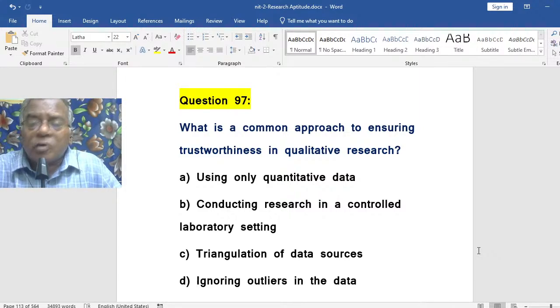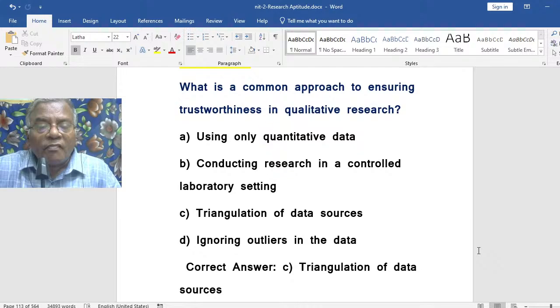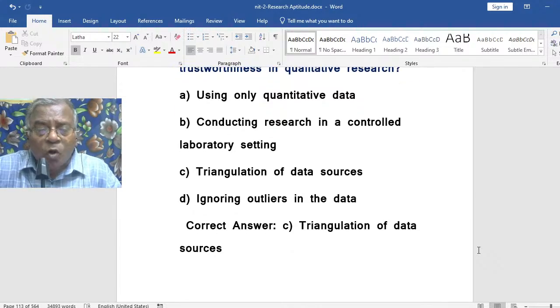So what is a common approach to ensuring trustworthiness in qualitative research? See all the 4 alternatives, just say which is the correct one. You know, there is a concept called triangulation of data sources, very important one in research.